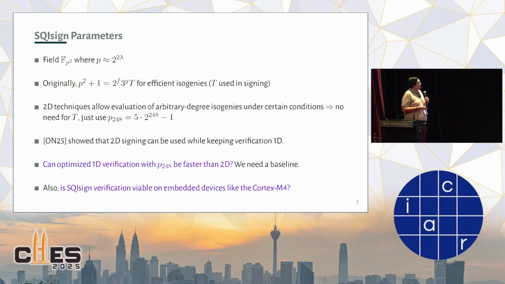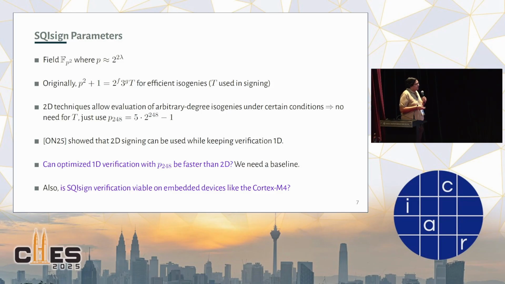The beauty of 2D techniques is that they allow the evaluation of arbitrary degree isogenies under certain conditions. Therefore, you do not need the isogeny to have a smooth degree. And that means that you actually do not have any need for T here. So when these 2D papers came out, they proposed moving to a brand new prime, which is essentially just a power of 2 with a very tiny cofactor. We call this prime p248.